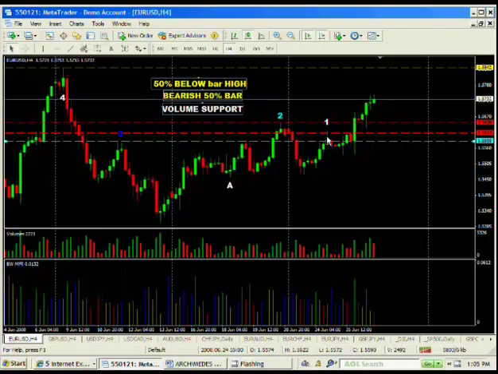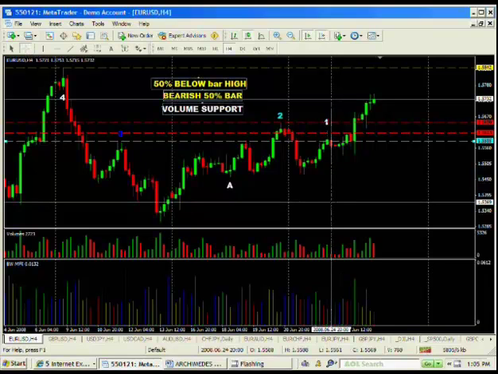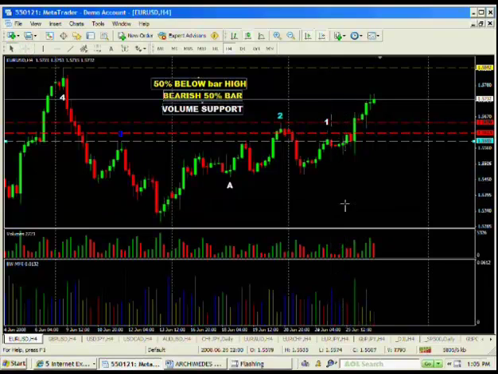But now let's see what happens on the next bar. Who's involved on this next down bar? Yes, it's the operators. As you can see, they're going to at least take it down enough to stop out the public here.